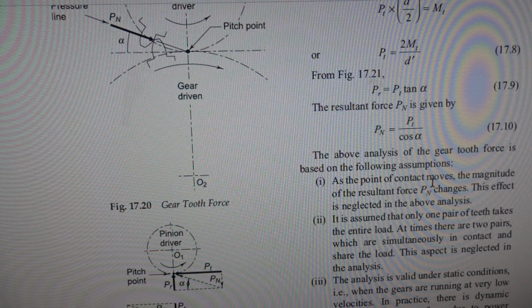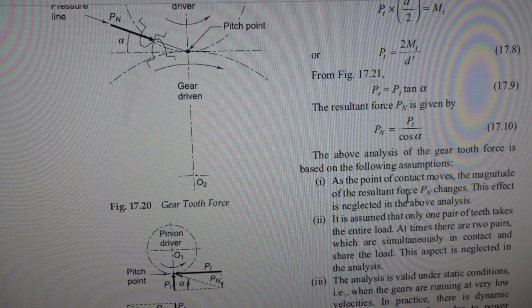At the important points, the above analysis of gear tooth force is based on the following assumptions. First, as the point of contact moves, the point of application of the force Pn changes. This effect is neglected in the above analysis. Second, it is assumed that only one pair of teeth takes the entire load.